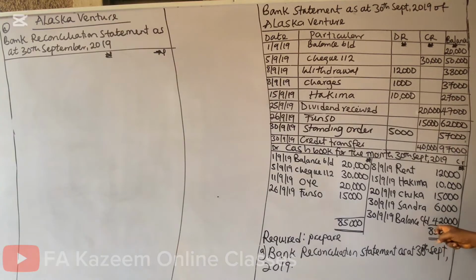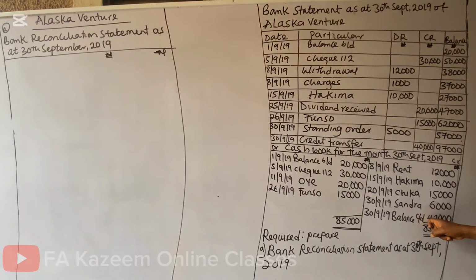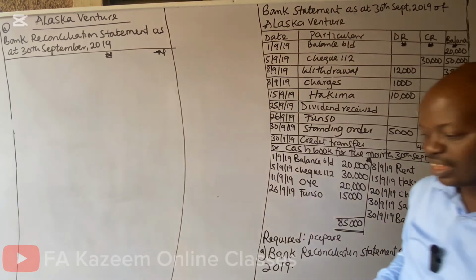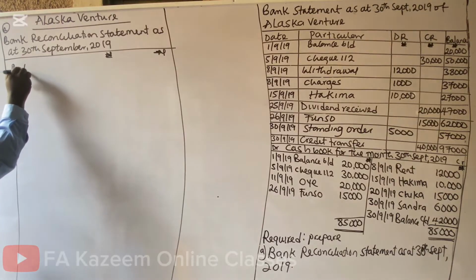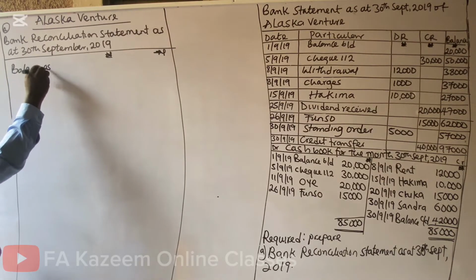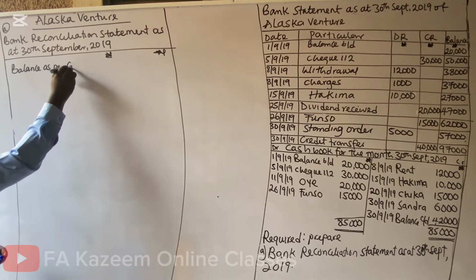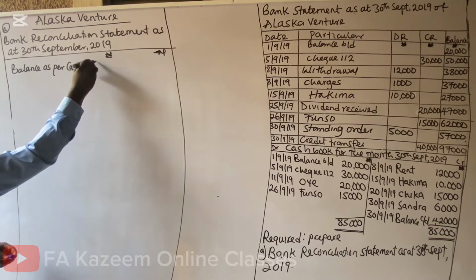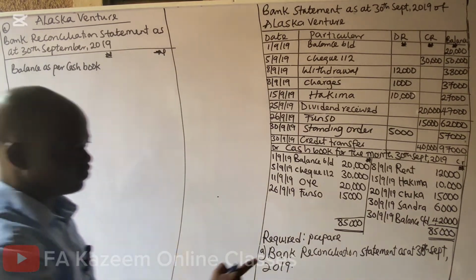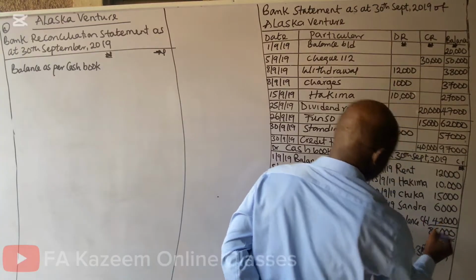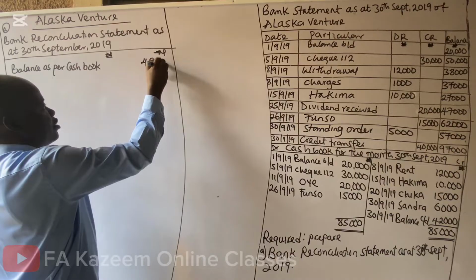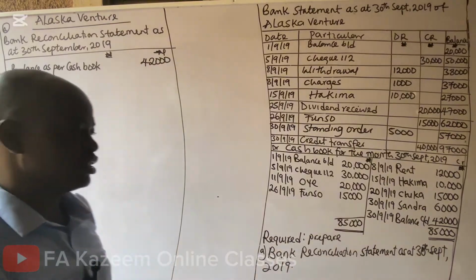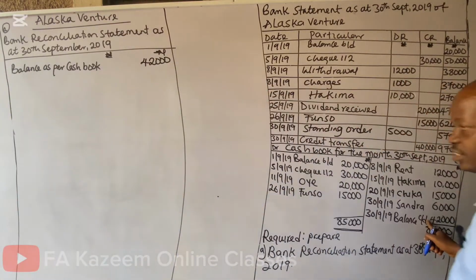Now, how do we prepare this using the direct method without adjusted cash book? We'll start with balance as per cash book. Is there already? 42,000. Balance as per cash book, that is 42,000 naira. Look at where the balance carry down is. It's on the credit side.